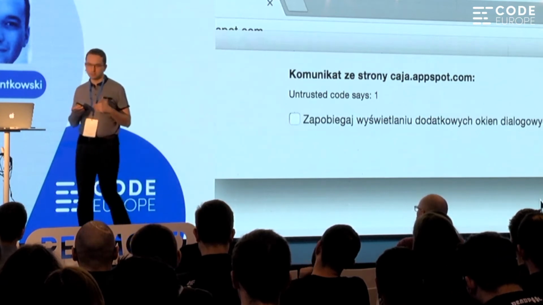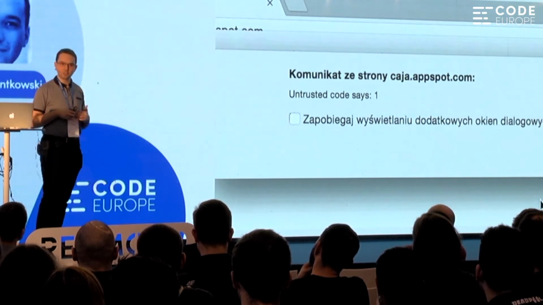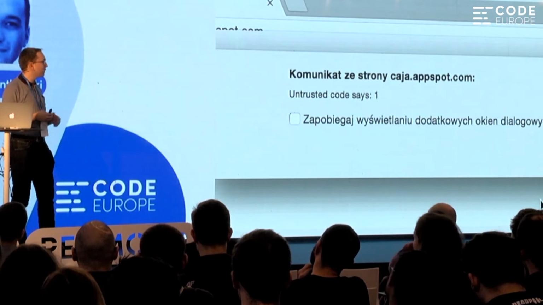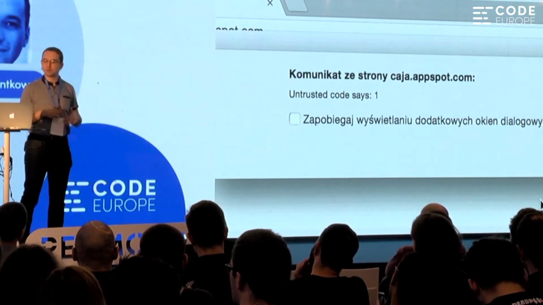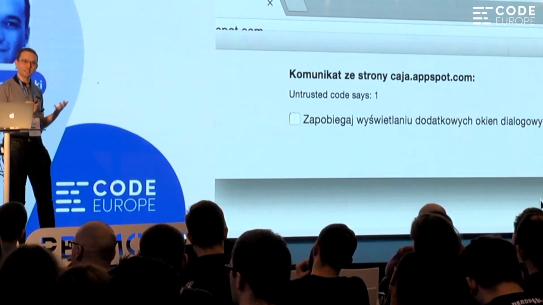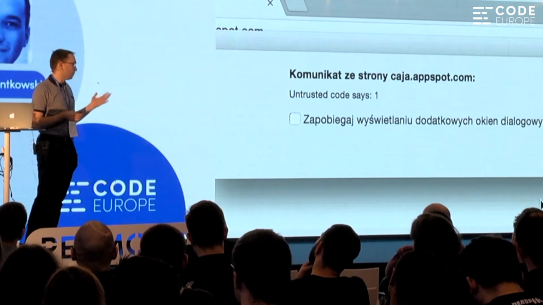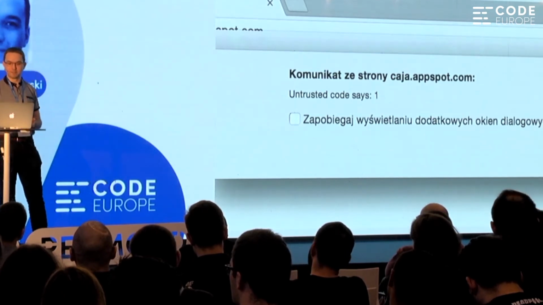And this is what Caja did. Caja replaced the original alert function with their own alert function, and we can tell which one it is by the "untrusted code says" text. So when we see "untrusted code says", it is bad because we didn't escape the sandbox, but if we happen to do something to omit it, then it means that we did really great.